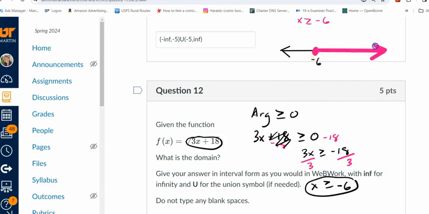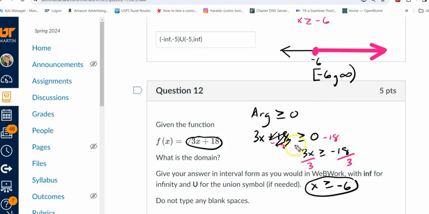So what I've drawn there is the number line presentation of this, and once you have the number line presentation, you can get the interval notation from left to right. I start at and include negative 6, and then I have everything forever.